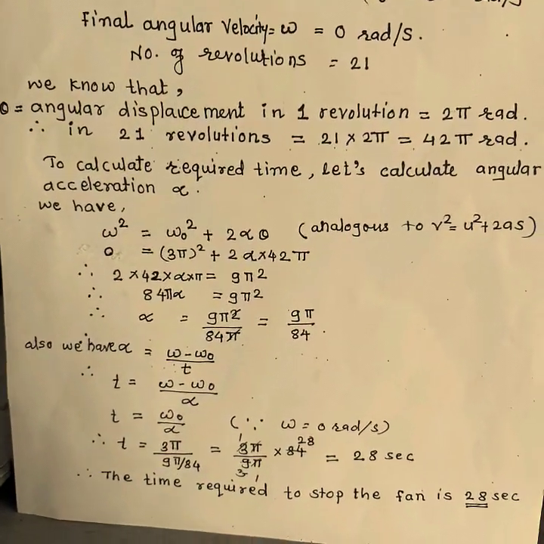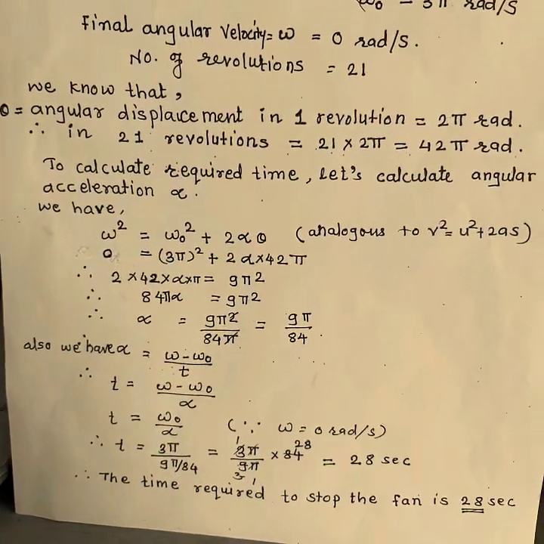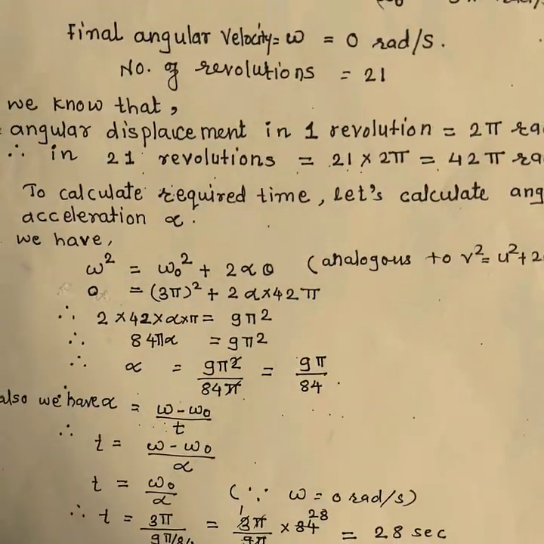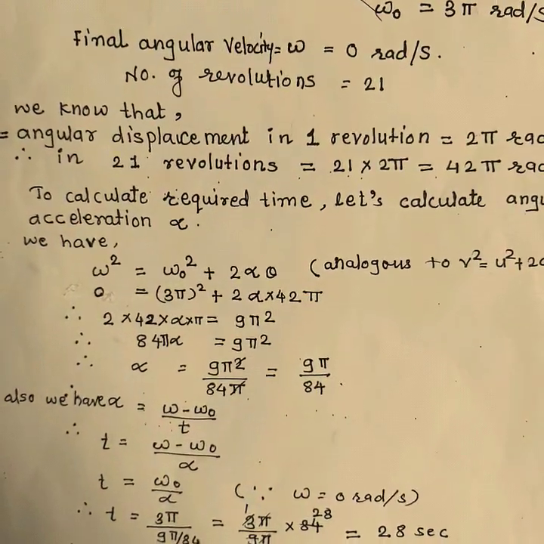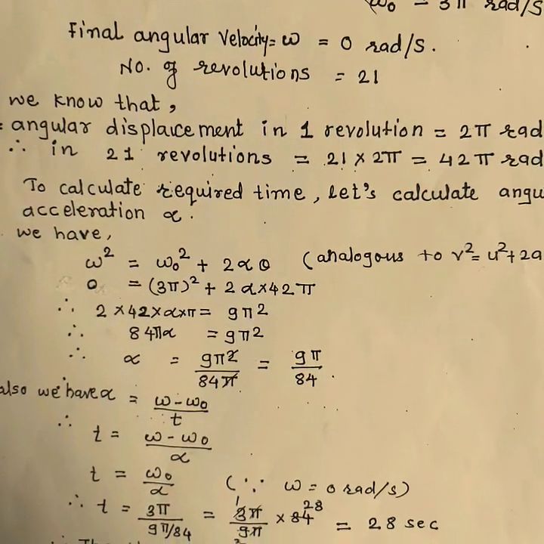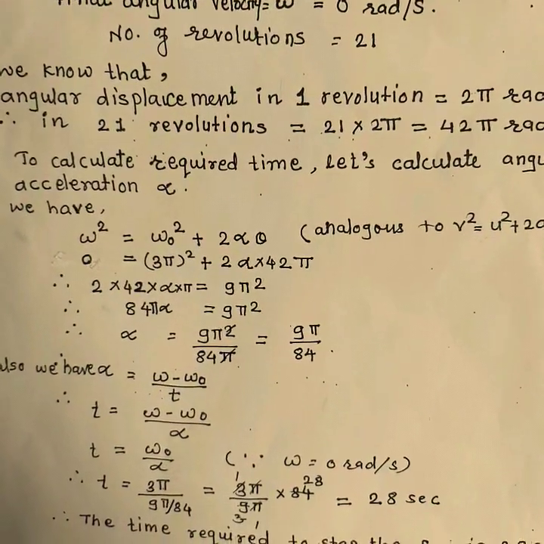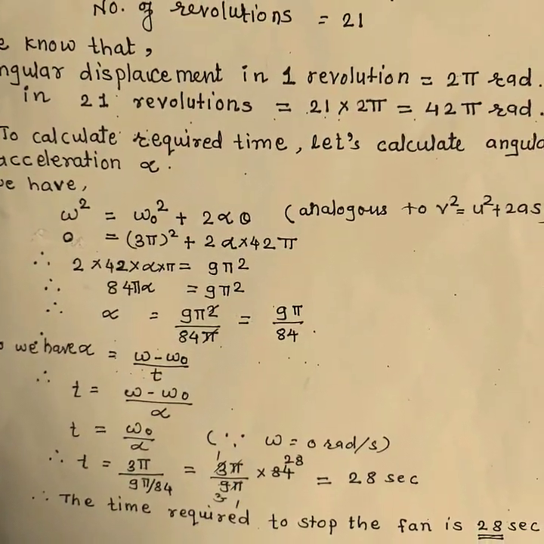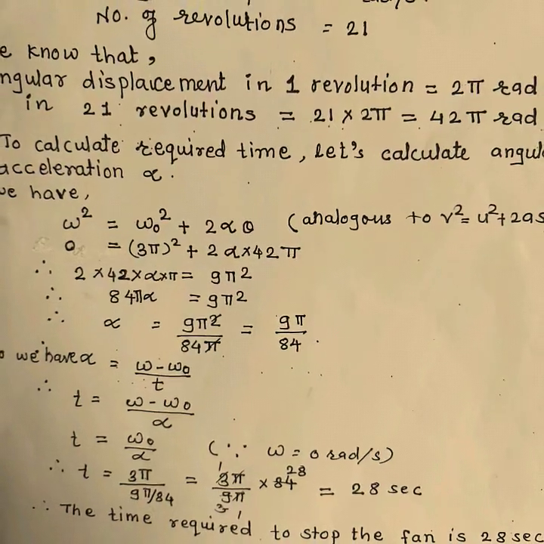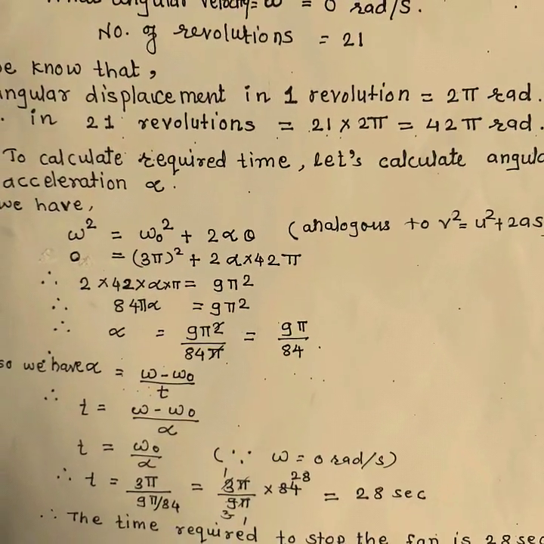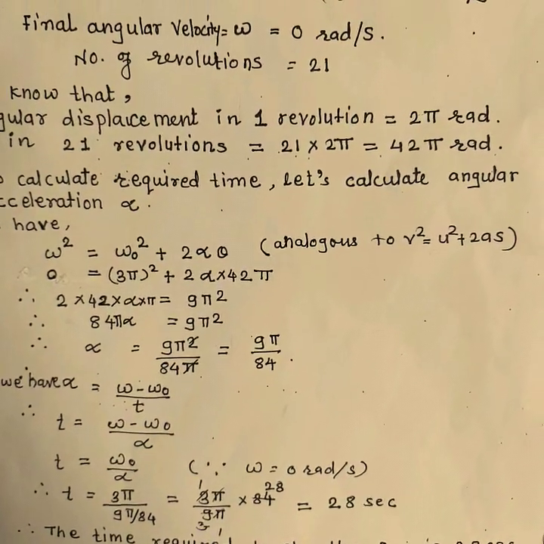Now also we have alpha is equal to omega minus omega 0 upon t. So let's rearrange it to calculate t. You will get t is equal to omega minus omega 0 upon alpha. Now omega is equal to 0 radian per second, so this equation gets converted into omega 0 upon alpha.